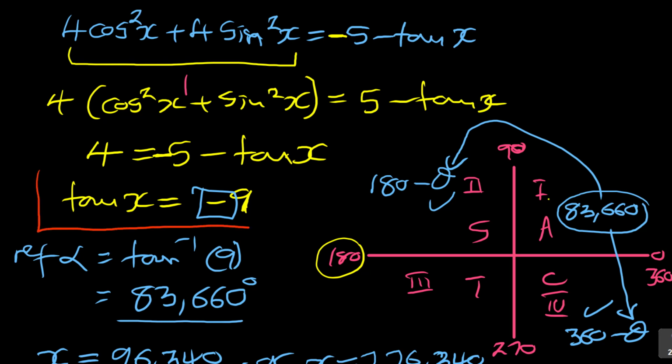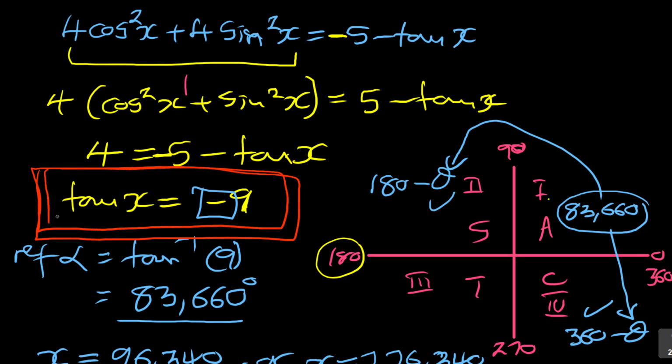See what I'm highlighting here. You will solve everything and then have your final answer. If it's negative, just pause and say, my answer is going to be in the quadrants where sin is negative, but I still need to find my reference angle. Then you use that reference angle in the reduction rules.